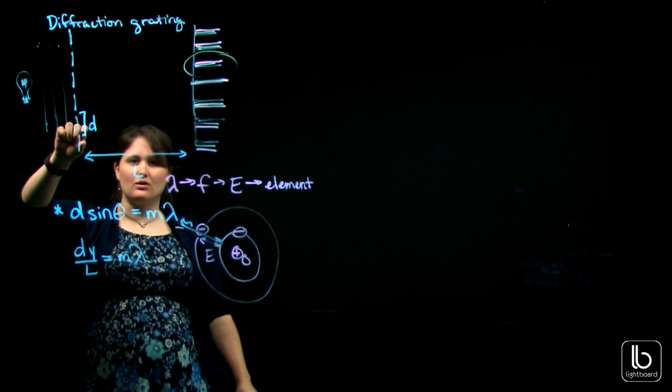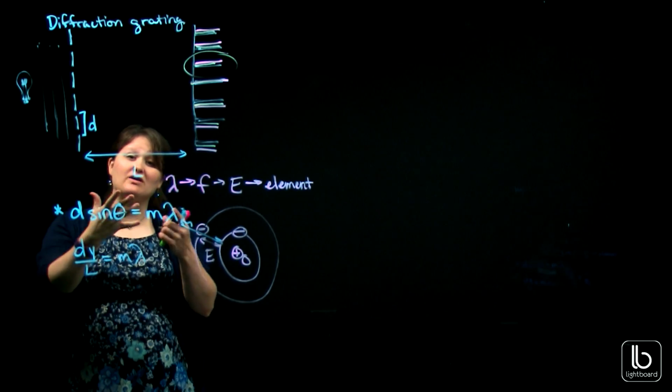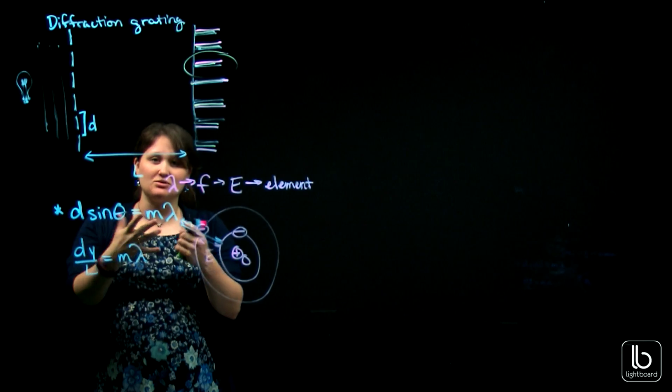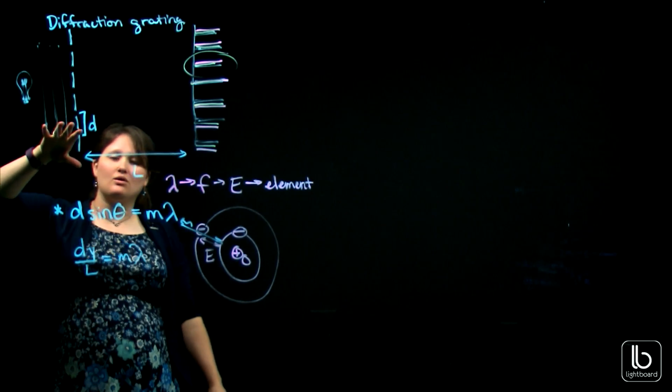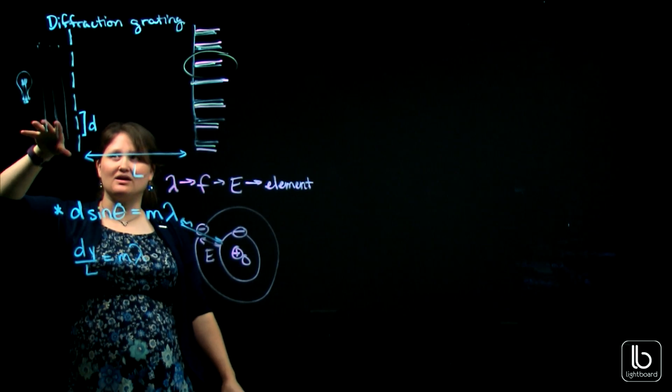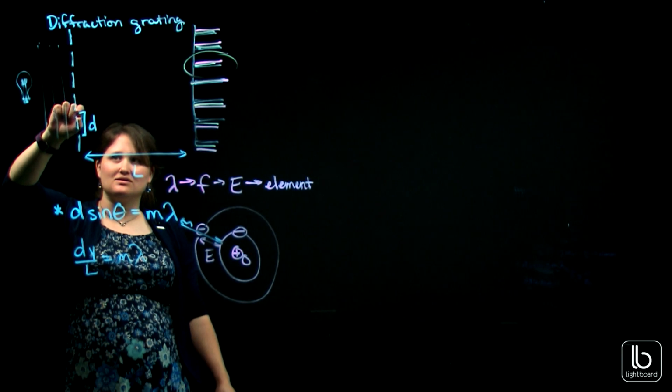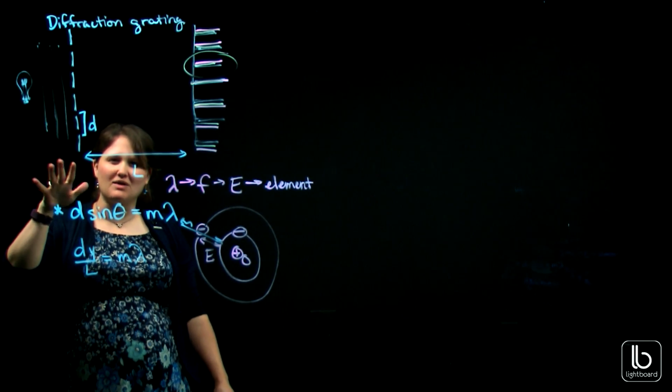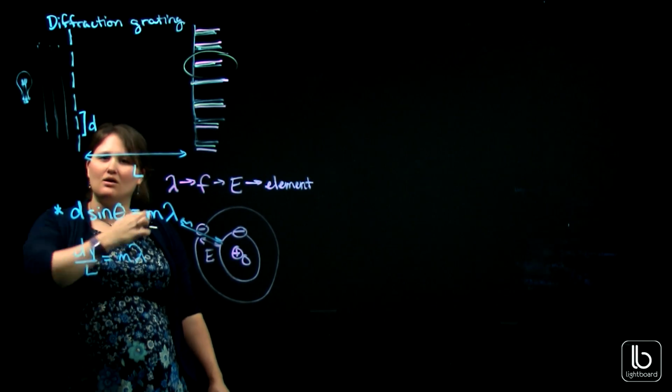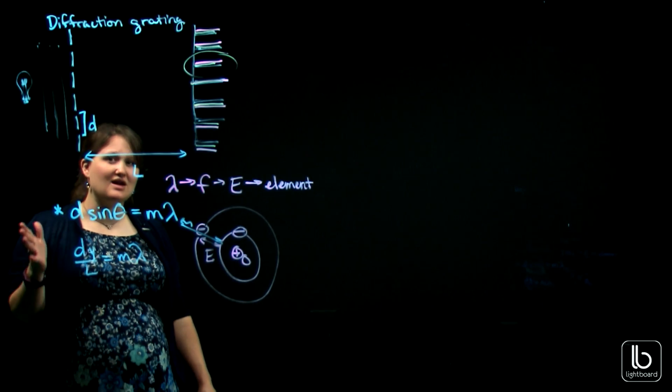So when we're dealing with visible light, what we need is something that has these slits that are on the order of magnitude of a wavelength of light, which incidentally is on the nanometer scale.